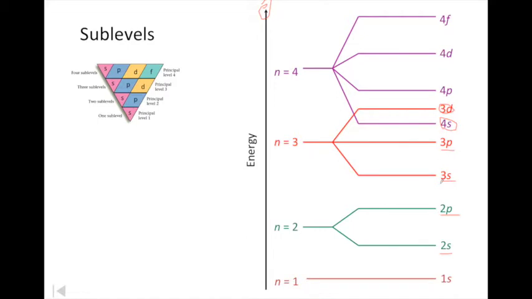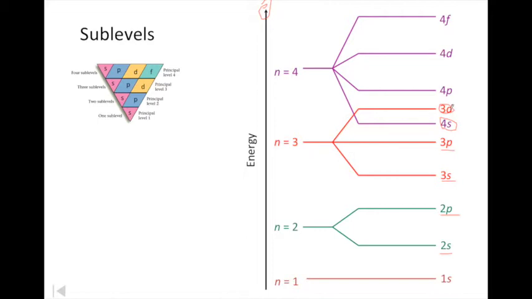So the electrons will first fill the 1s, the 2s, the 2p orbitals, the 3s, the 3p orbitals, and then they'll fill the 4s before going to the 3d. So it gets a little bit cloudy as to what order the orbitals will be filled.